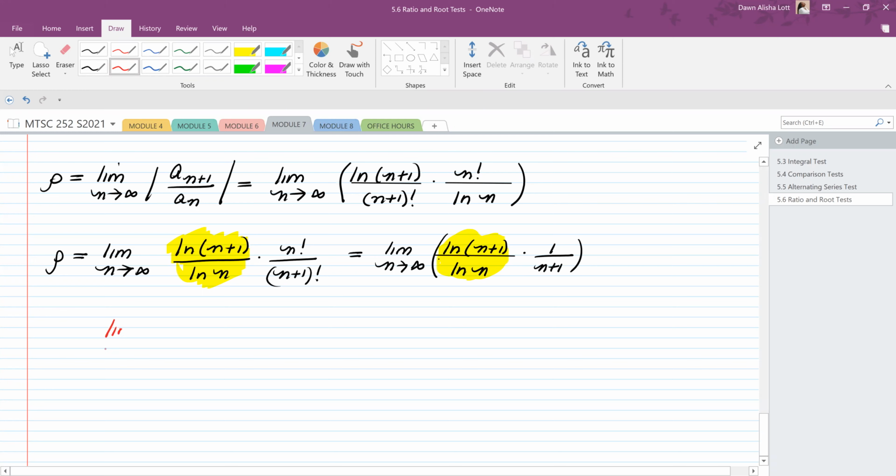The limit as n approaches infinity of the log of n plus 1 divided by the log of n. Let's use L'Hopital's rule.